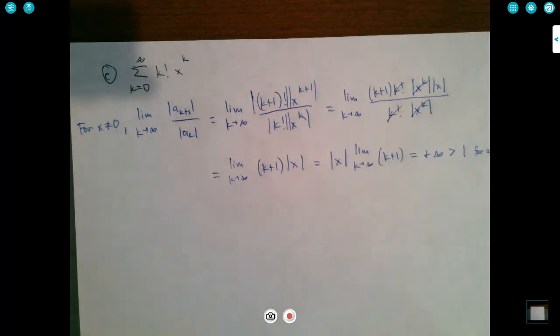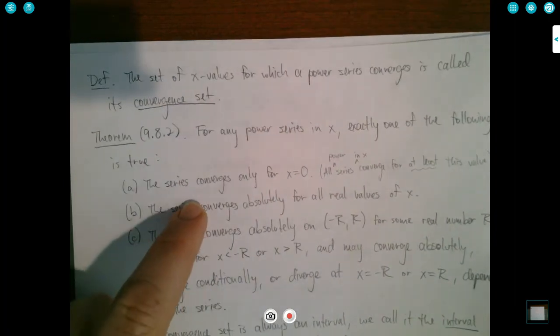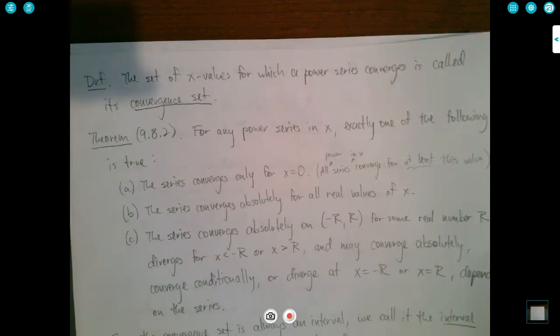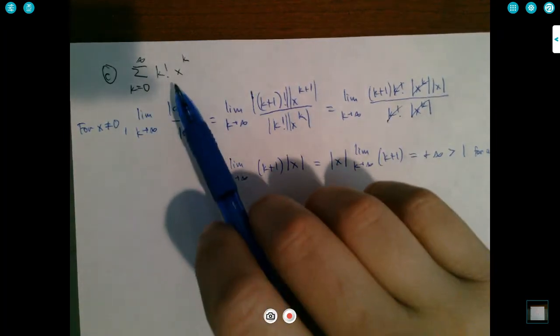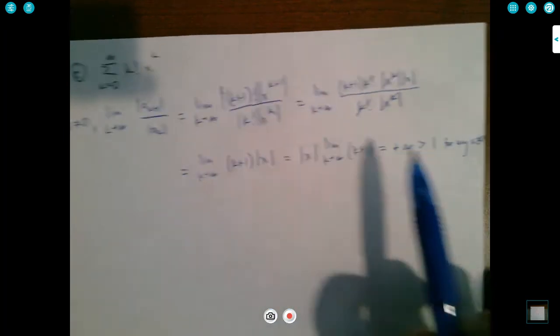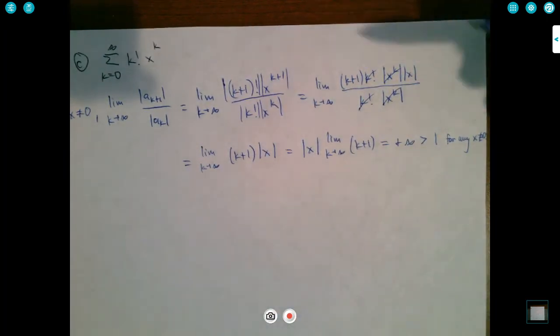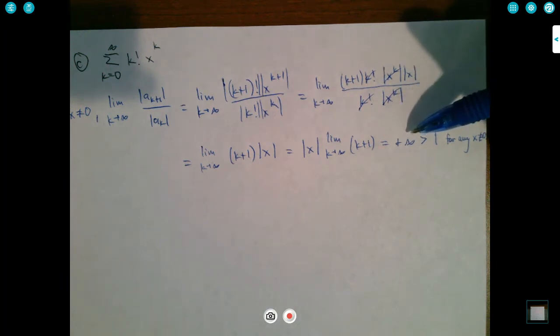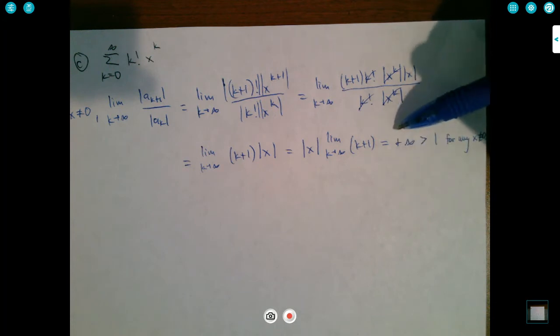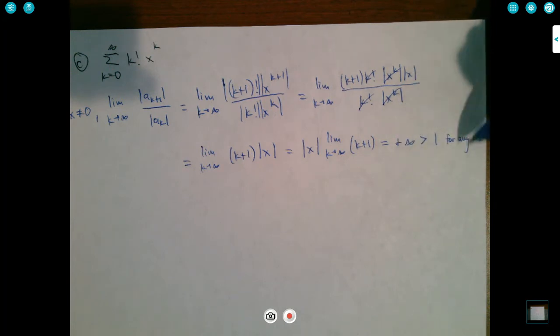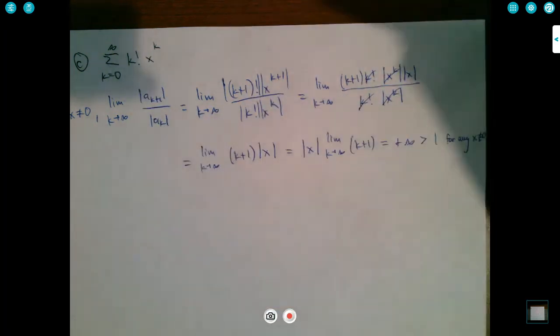So this is one of those case A types of situations, where the series converges only for x equals 0. It's going to diverge everywhere else, because no matter what else you plug in for x, when you apply the ratio test, you're going to get positive infinity. And again, just like in the previous case, it's not that we got positive infinity that tells us this. It's that this limit is always bigger than 1. So even if we had gotten something like 14, or the square root of 7, as our limit, because that number is always bigger than 1 for any x, we can conclude that this thing is going to diverge unless x is 0.